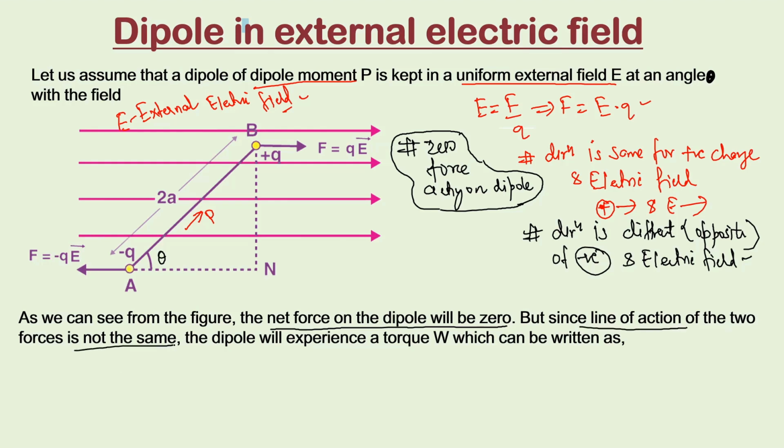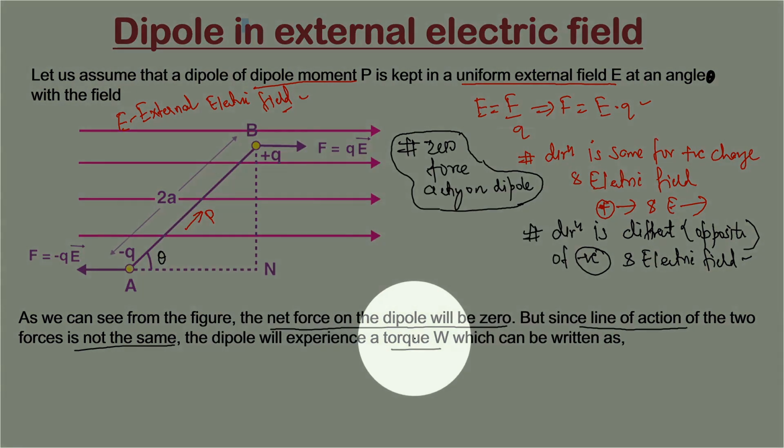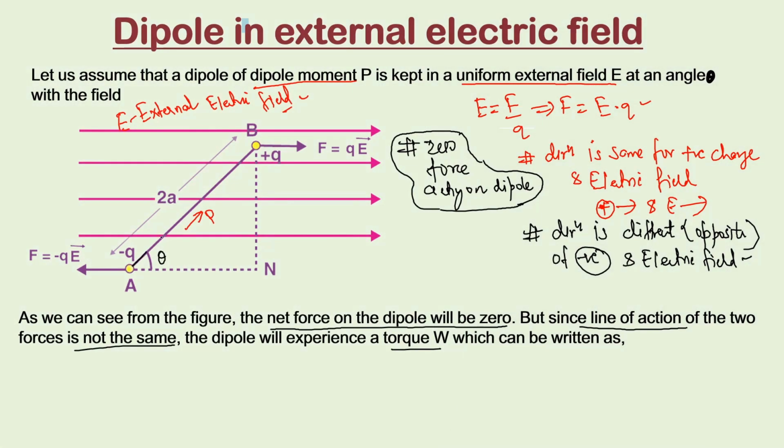So the dipole experiences a torque tau. So in this case, we talk about what the line of action is. From the given figure, this is the line of action.